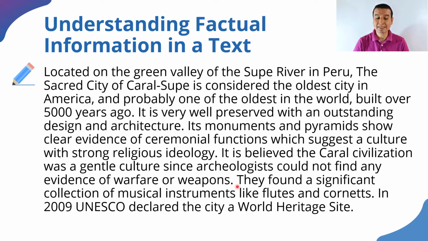They found a significant collection of musical instruments like flutes and cornets. We pronounce this word cornet or cornet, right? Cornet is even more similar, I think, is more common because I think it comes from French. Yeah, it does. And it may be spelled with double T, by the way, as well. In 2009, UNESCO declared the city a World Heritage Site.